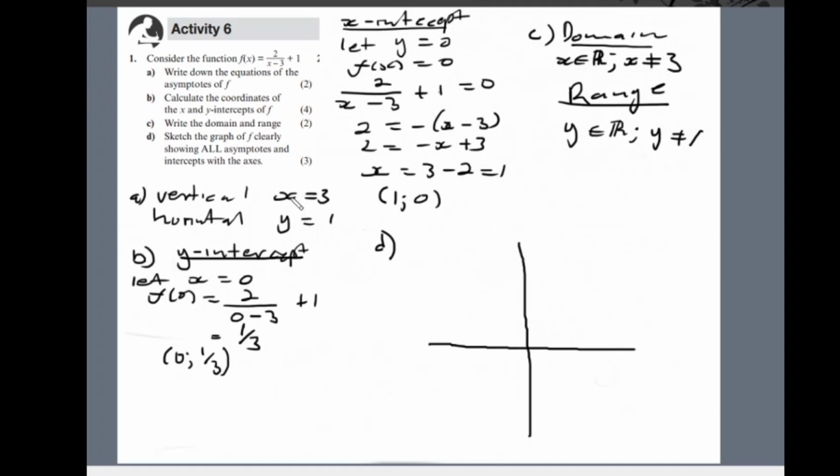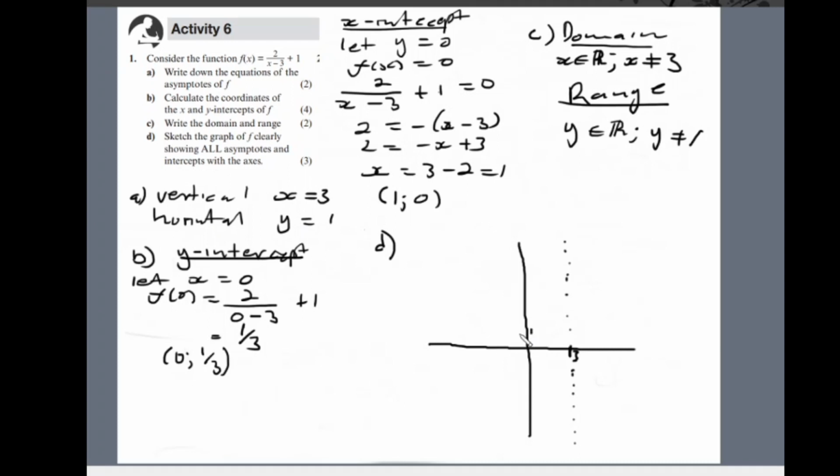You go to x equals 3 and draw your vertical asymptote. And now you know your horizontal asymptote is the line y equals 1.